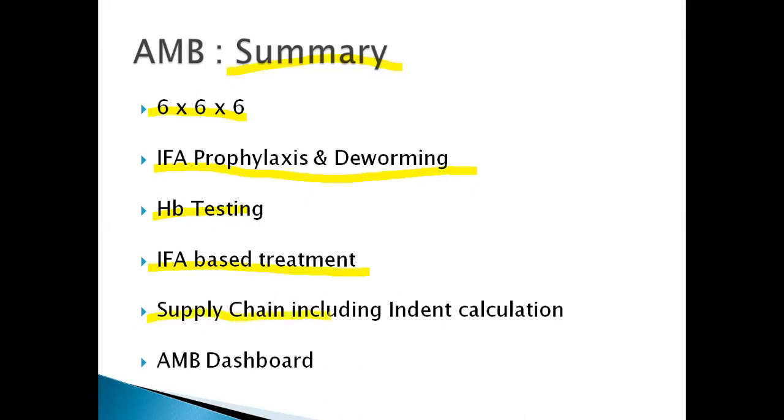We looked after the supply chain, and one of the important parts of that module was indent calculation. And finally, we had a word on Anemia Mukt Bharat dashboard, which takes care of the monitoring and evaluation part of this Anemia Mukt Bharat strategy.